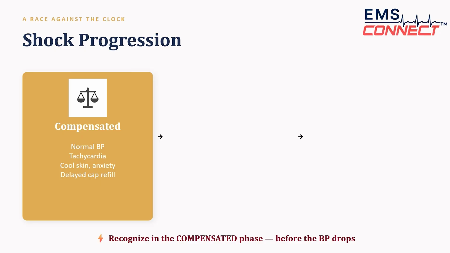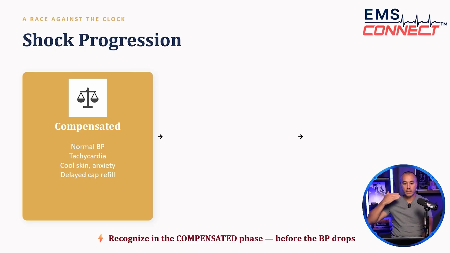Compensated shock, again, when we start to have poor perfusion to our organs, we have that intrinsic catecholamine release, and our body is going to try to maintain that perfusion. What that does is that you're going to maintain a normal blood pressure, but you're going to see some symptoms or signs or vital sign changes that we're compensating. One of those being increase in heart rate, right?